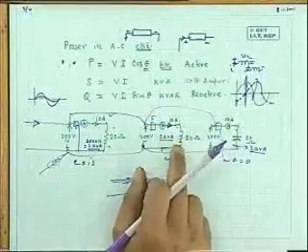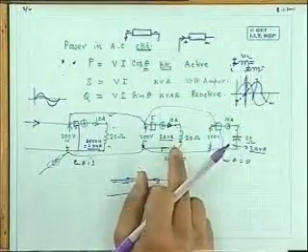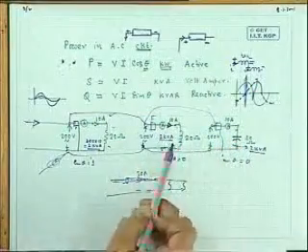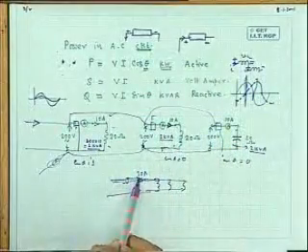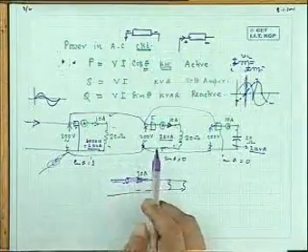Although your consumer is not using any active power for this inductive and capacitive load, they are contributing to the total magnitude of the current which is to be supplied over transmission lines, which may have resistance, and therefore there will be unnecessary power loss in the transmission lines. So the supply authority has every point to say, okay, you are not using any power, that is true, but to give you that much power to play this game, that is, you take power, give me power, I have to spend a lot of power in the transmission line. Who will pay for it?